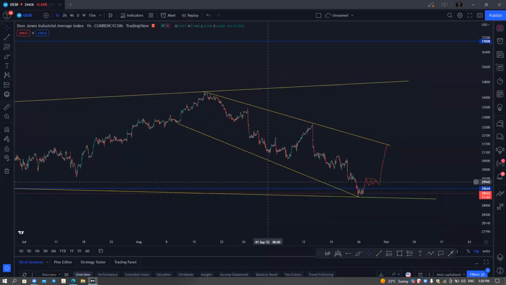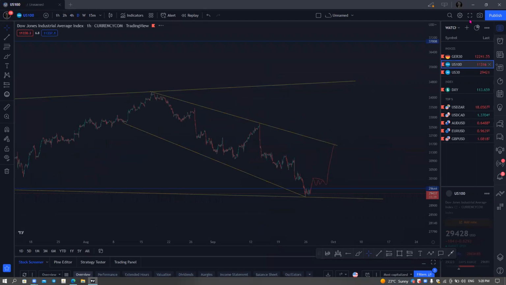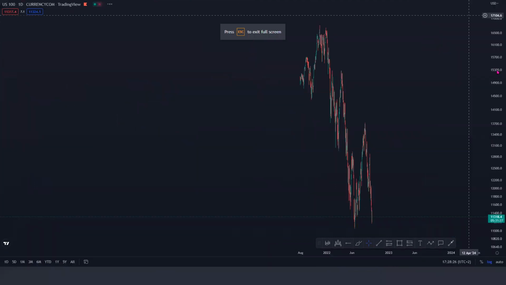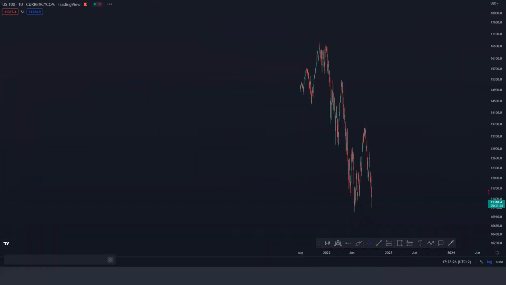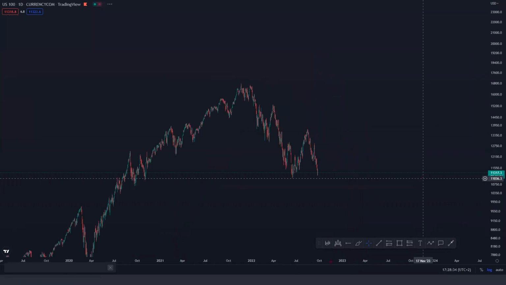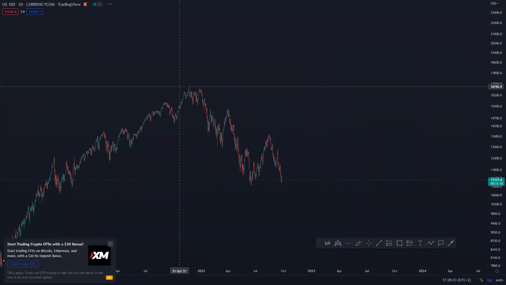The last one I'm going to do is US100, aka Nasdaq. So guys, on a daily time frame on Nasdaq, you mark your highest high and your lowest low of the structure.